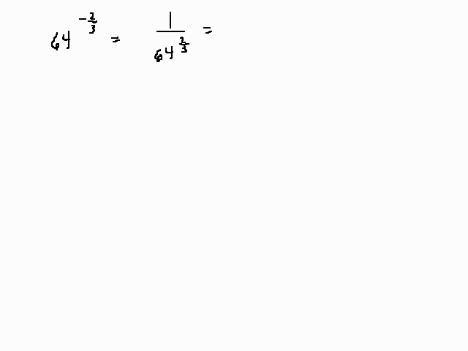Now we can use our rules for radicals and write this as 1 over the cube root of 64 squared, if you want to write it way 1, or 1 over the cube root of 64 and take the 2 and put it outside here. And either way, you will get the same answer. But again, if I don't have a calculator handy, which I really don't on this chat tonight, it is 1 over the cube root of 64.